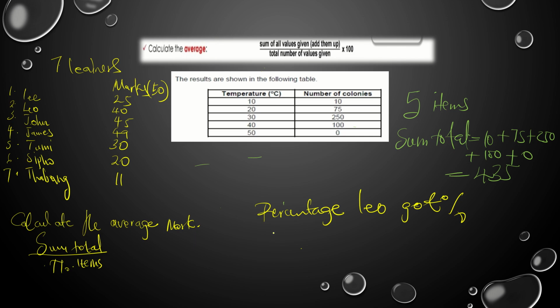With percentages, you say value in question or given, divide by the sum, multiply by 100. Then what is the value that Leo got? It is 40. We are going to divide by the sum total, which here we got 220.